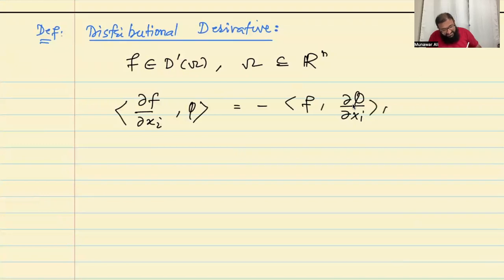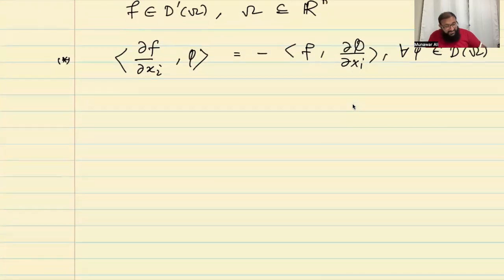And this is for all phi from the space of test functions. This is how I define the first order distributional derivative of f. So this is called the first order distributional derivative of f, or the derivative of f in the sense of distribution.